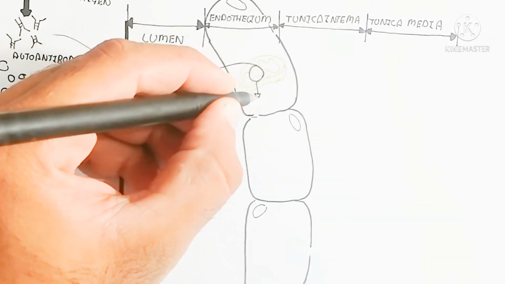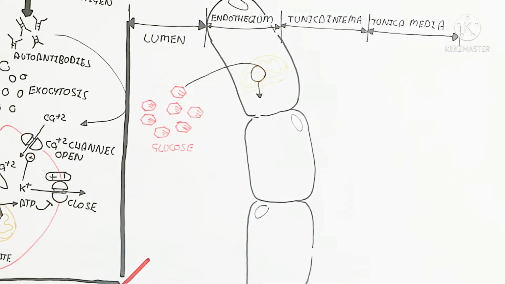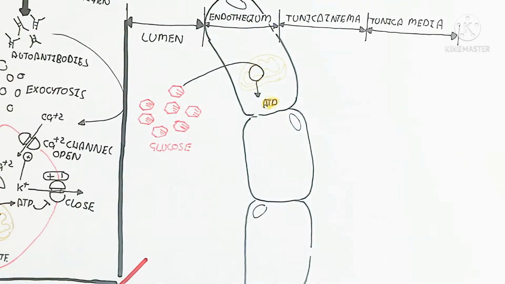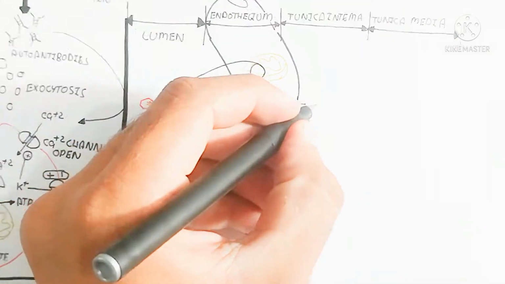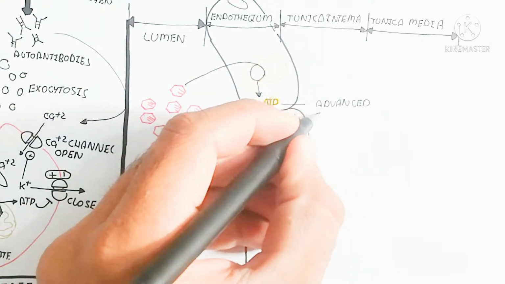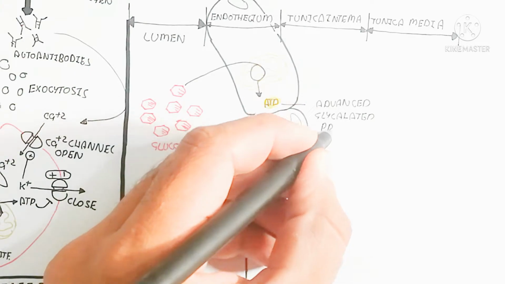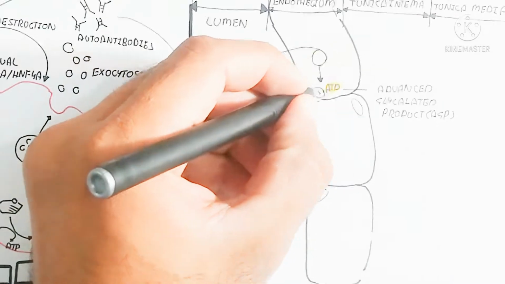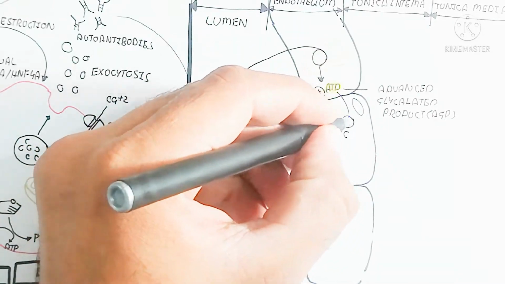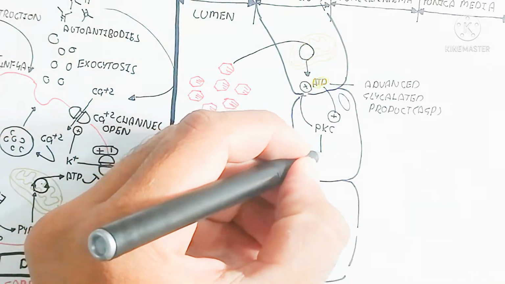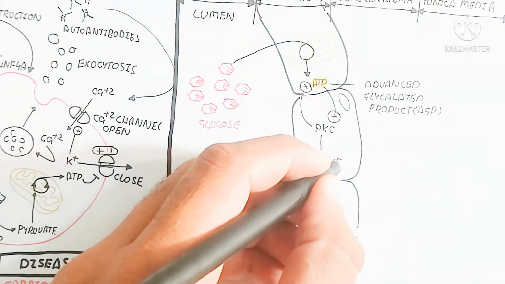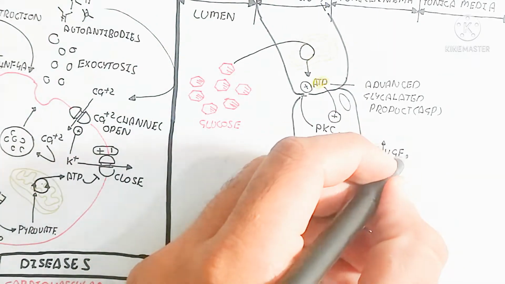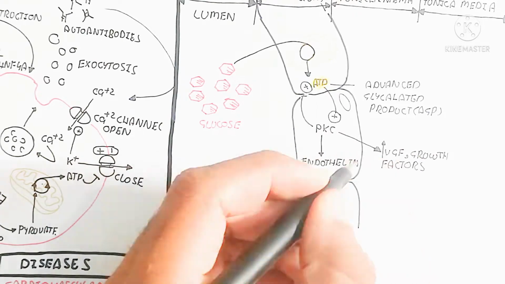That is the important thing. It then goes to the mitochondria to produce more ATP, and this leads to advanced glycosylated products, AGP, which enhance PKC, protein kinase C. This protein kinase C also promotes ATP production from the mitochondria, and leads to an increase in VEGF, vascular endothelial growth factor.